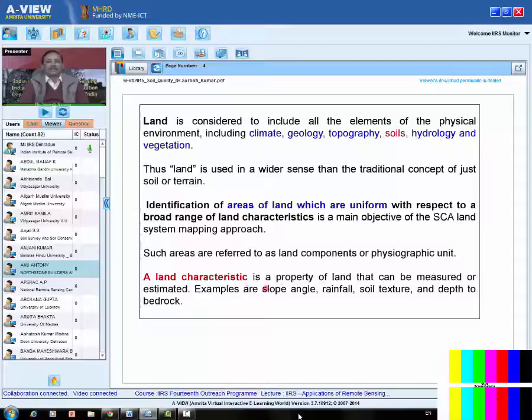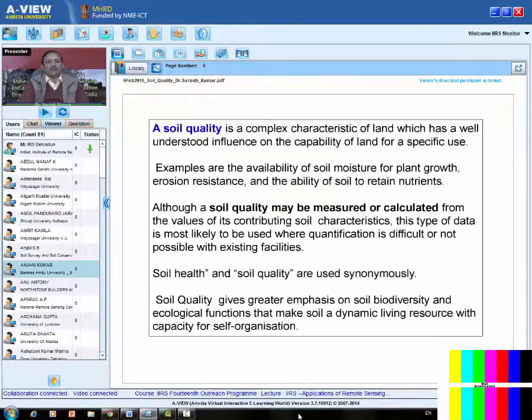For example, if you talk about the terrain, then it is the slope. If you talk about rainfall and climate, then it is rainfall and temperature. If you talk about the soil, then it is primarily soil texture and soil depth. So these are the factors we need to study when we want to study soil quality or land quality.